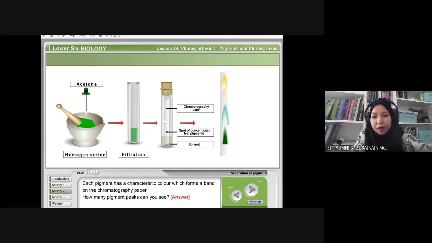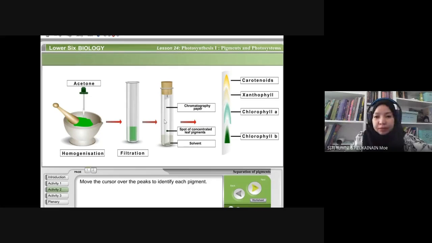From here, how many pigment peaks can you see? Supposed to be four pigment peaks you can see from here. So 1, 2, 3, 4.